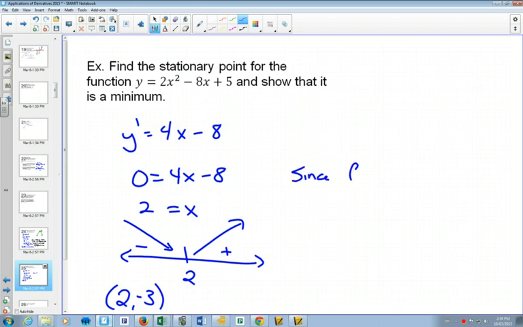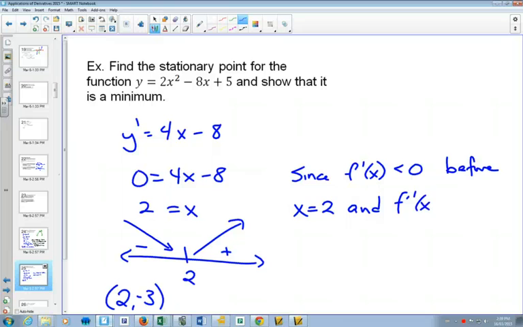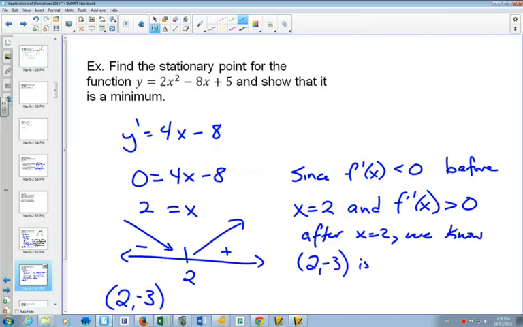Since the derivative is less than 0 before x equals 2 and f prime of x is bigger than 0 after x equals 2, we know at this point 2 comma negative 3 is a local minimum.